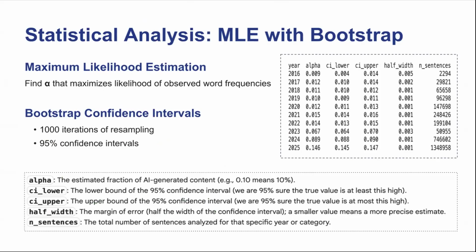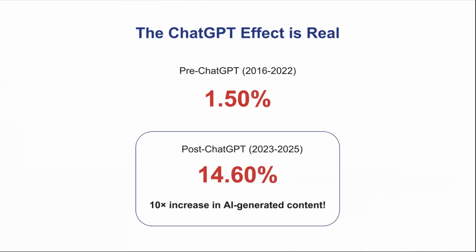CI lower and CI upper are the confidence intervals, which we did at 95%, meaning we are 95% sure that the true value of this MLE is at least this high or at most this high. Half width is just our margin of error. And finally, the n sentences for each year is the total number of sentences for that specific year.